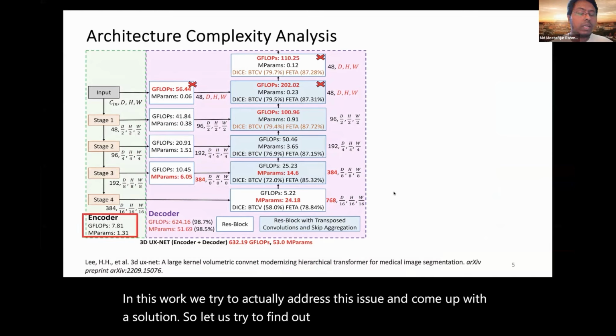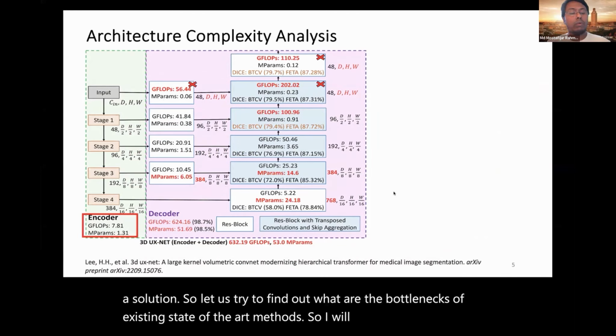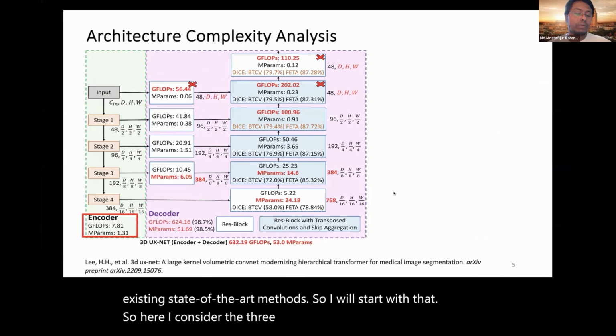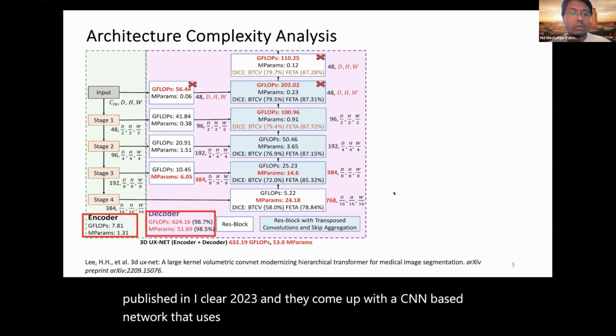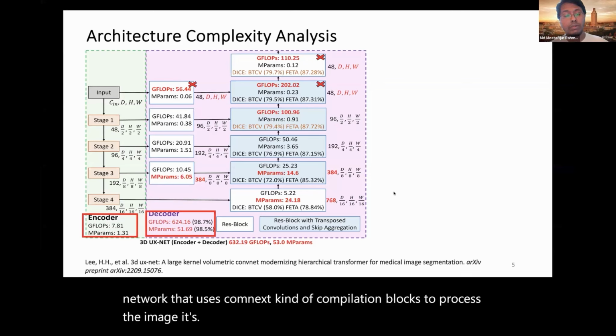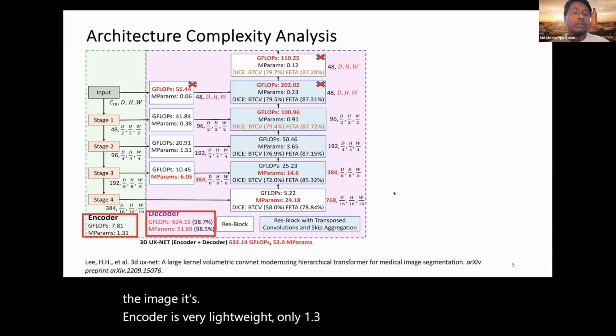Its encoder is very lightweight, only 1.31 million parameters, and 7.81 FLOPs for a volumetric scan of size 96. However, the decoder comes with very high compute: around 98% of the compute comes from the decoder.